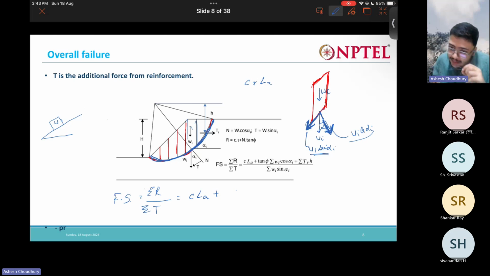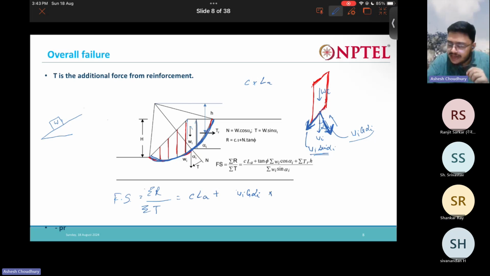Now a reaction force will be acting opposite to that, of the same value, Wi cos alpha i. So the reaction will also be there, normal reaction force. So we have Wi cos alpha i times what?